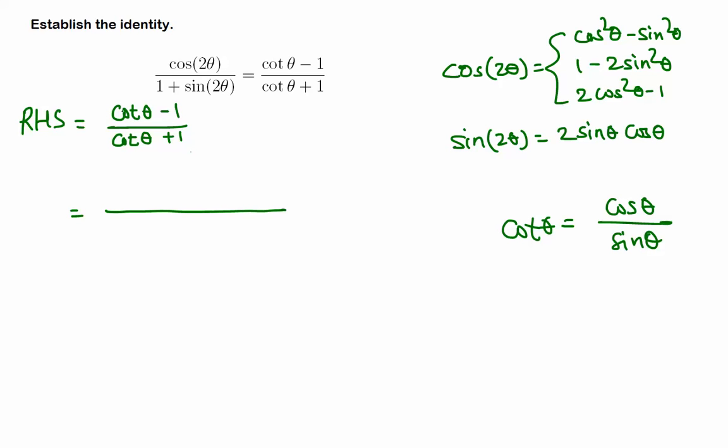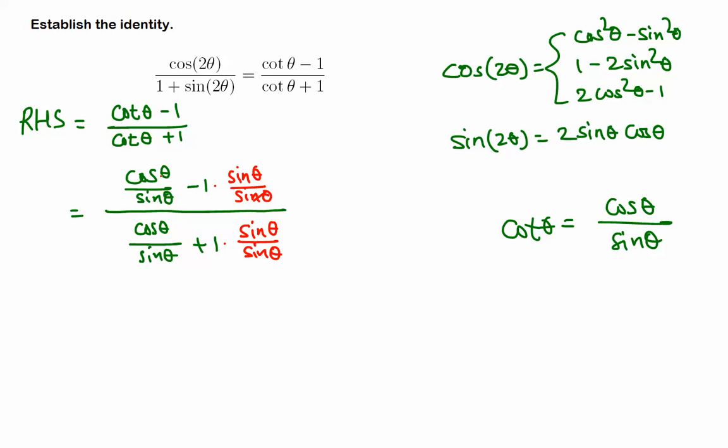This is the original division. Now cotangent is cosine over sine minus 1. On the bottom, cosine over sine plus 1. We're going to combine these two fractions on the top and the same thing on the bottom. For that we need to make a common denominator. Here is sine theta, so we multiply this by sine theta over sine theta. Same thing here, so we multiply top and bottom by sine theta.